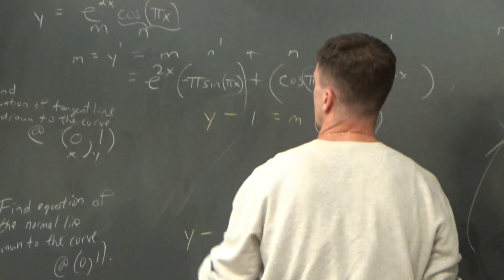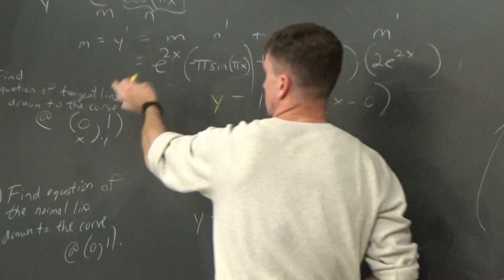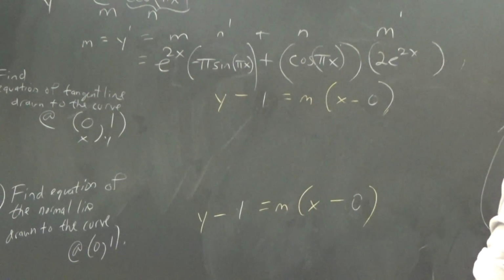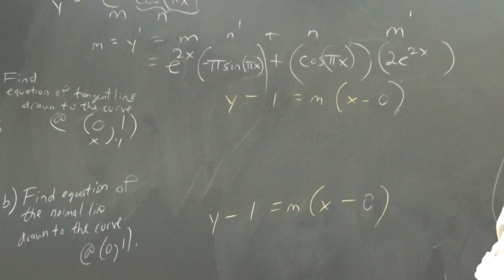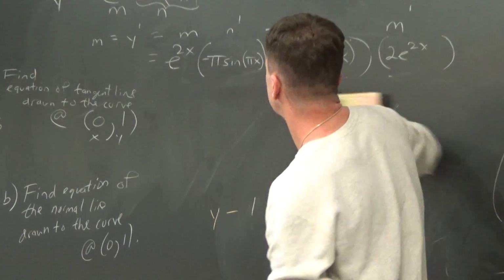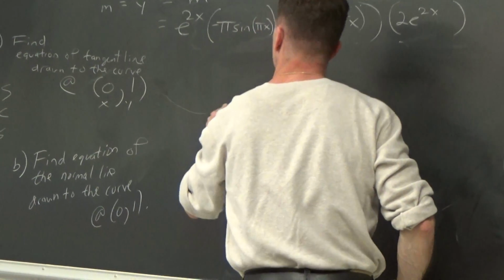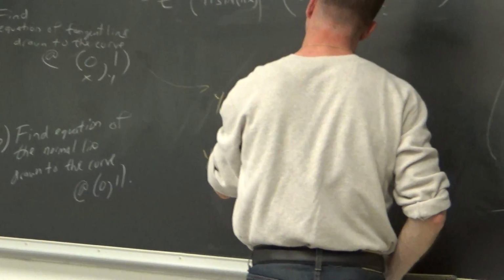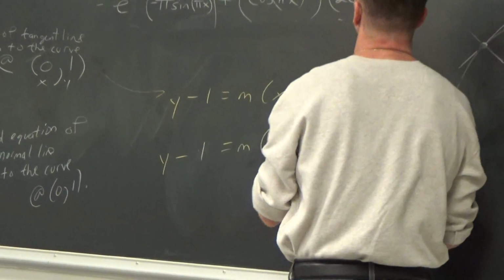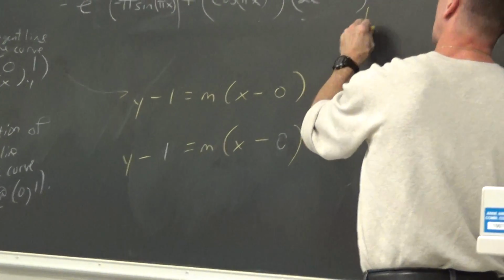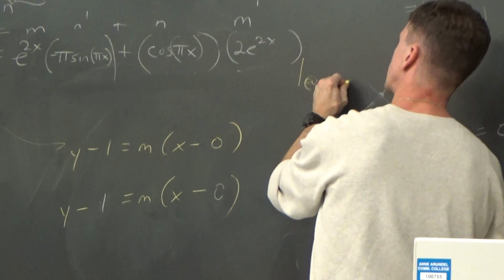All right, let's see what we get. E to the 0? 1. See, we're going to evaluate all this stuff at x equal to 0. So before I fill in this answer, right here, y minus 1 equals m times x minus 0. Let me just do all this at x equal to 0.